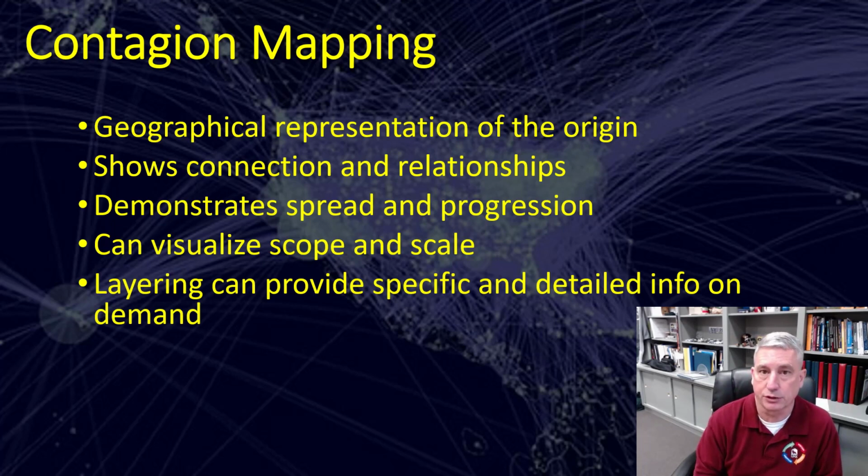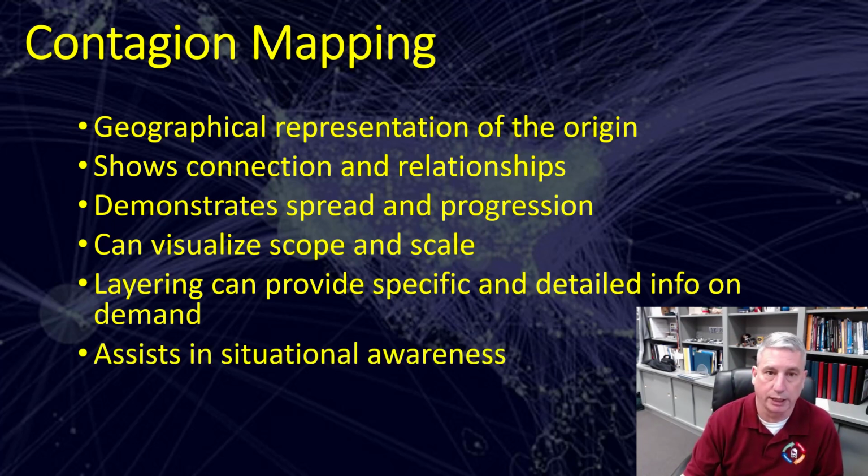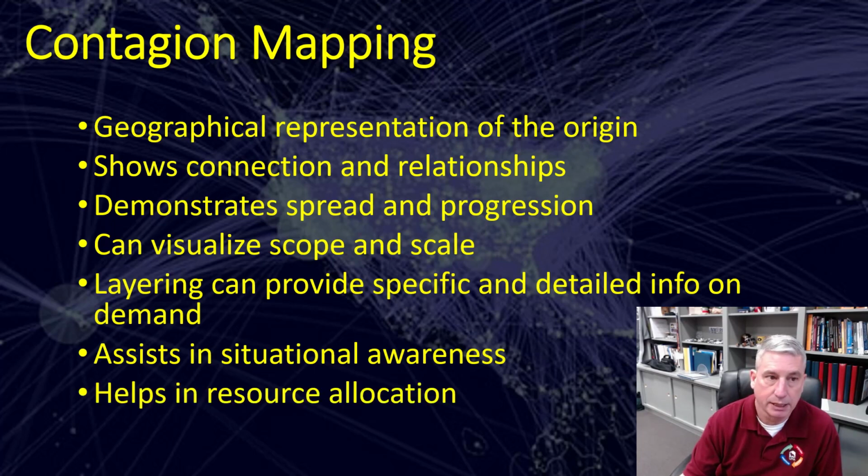You click on a particular spot and it'll bring that information up. It'll tell you how many cases, where they're located, all of those kinds of things. That helps us ultimately in our situational awareness. It's a fancy word for knowing what the heck is going on. And that's what we're really trying to do with contagion mapping. And ultimately it helps us in our resource allocation and our response operations.